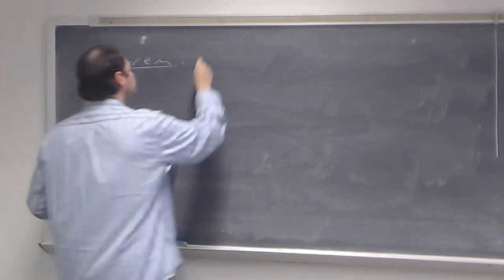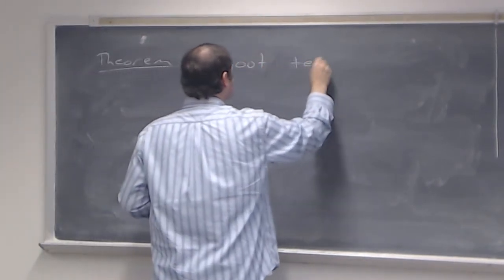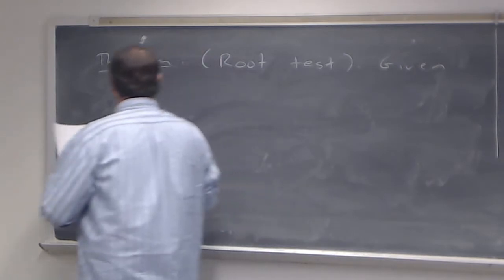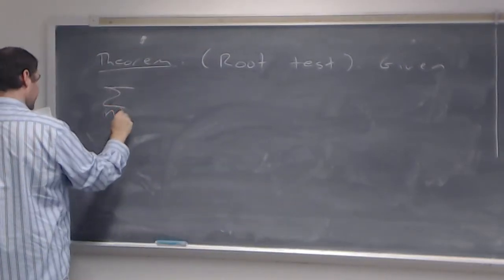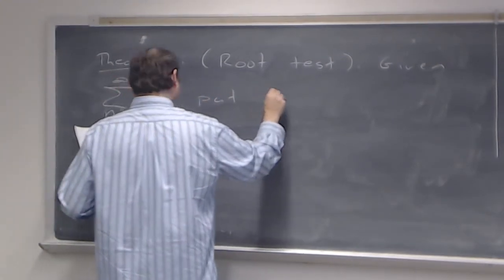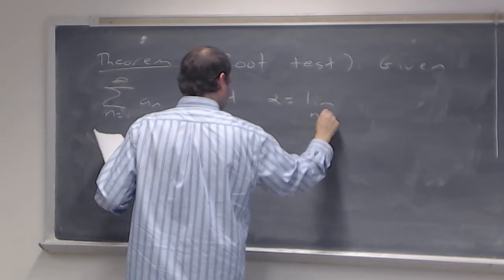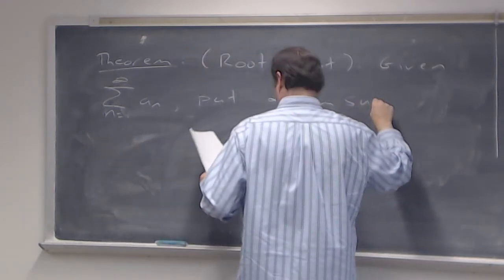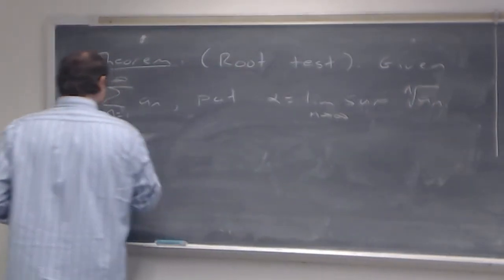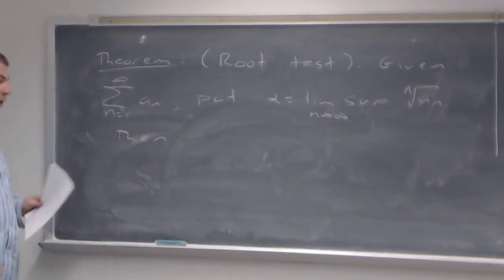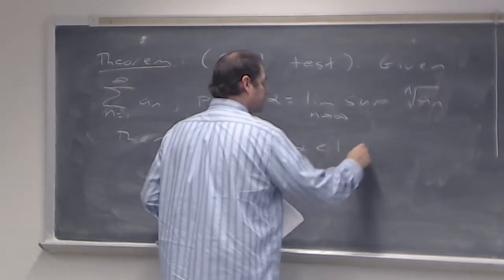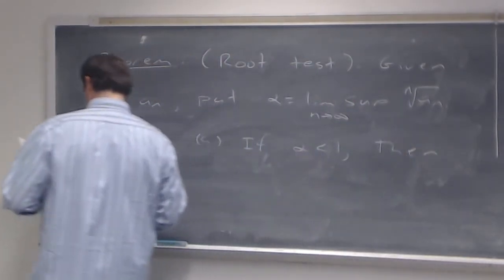Given the sum as n runs from 1 to infinity of a sub n, put alpha equal to the limit as n runs to infinity, the lim sup of the nth root of a sub n. Then the root test has 3 parts. Part A, if alpha is less than 1, then this series converges.